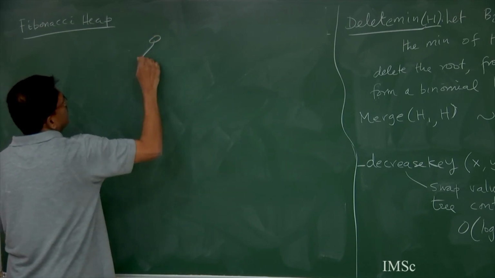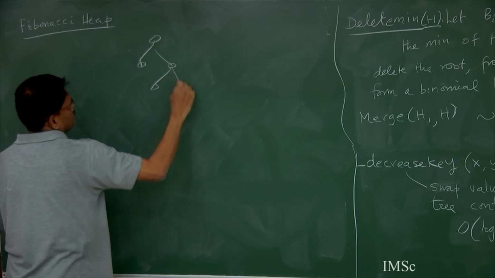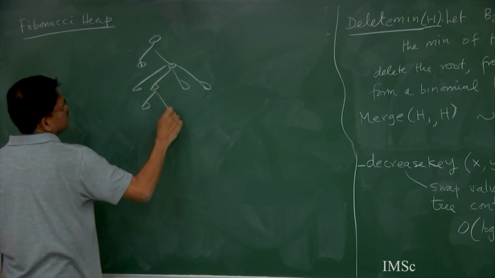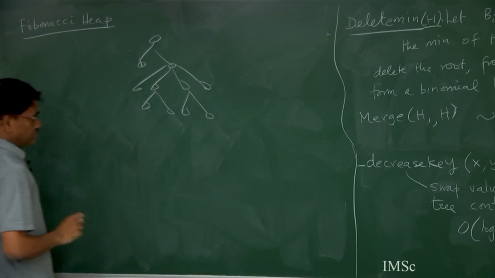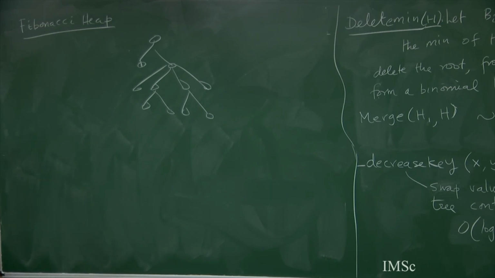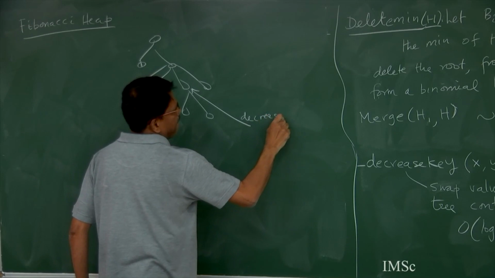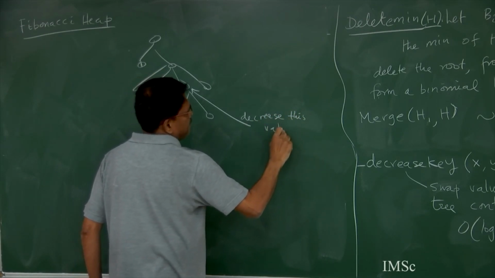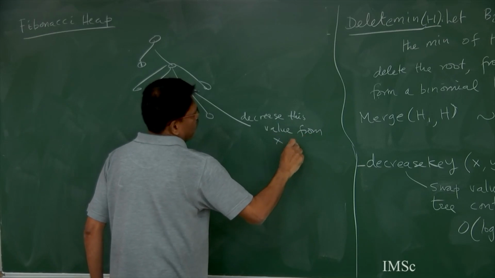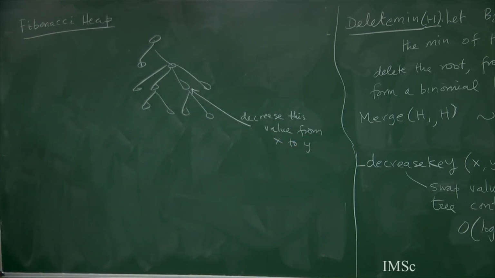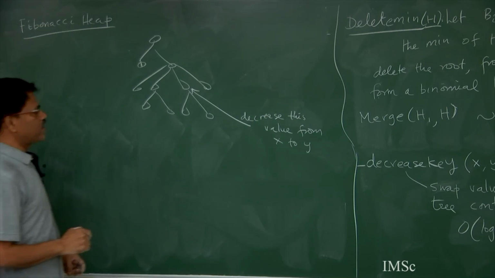So remember, you have a tree. It's not just binary because you can have multiple children. And decrease key operation is told, change this value, so decrease this value, right? This is how the decrease key operation is defined. You have to tell me which node the value is because you can't search for it. So what we will do is as follows.